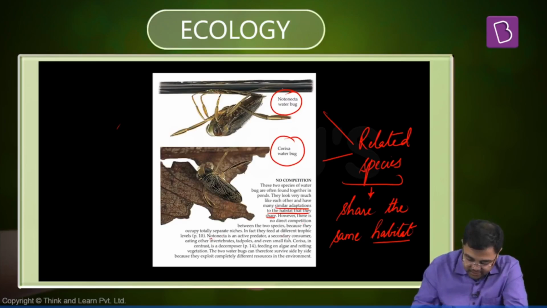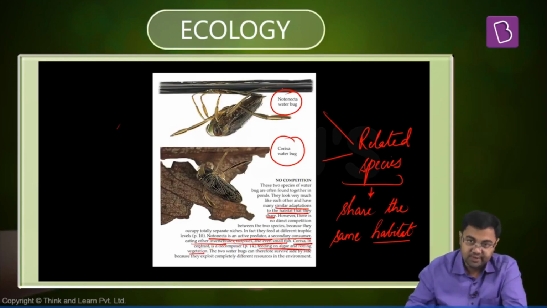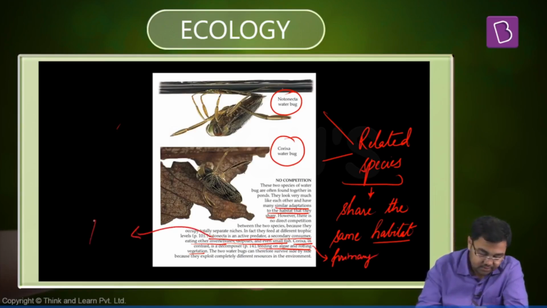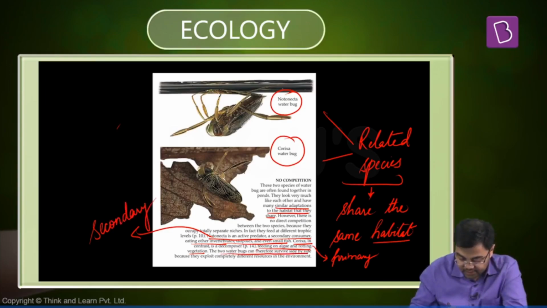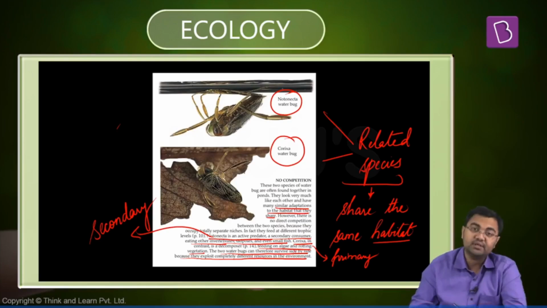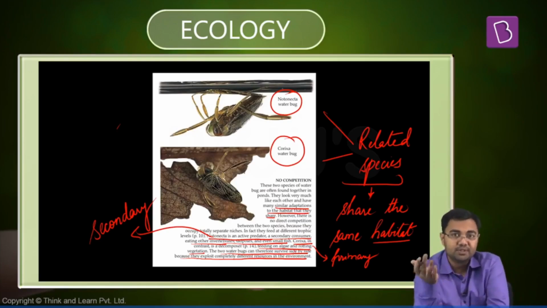For example, Notonecta is an active predator, a secondary consumer eating other invertebrates, tadpoles and even small fish. Corixa, in contrast, feeds on algae and rotting vegetation. So completely different. In a way you can say that this is a primary consumer and this is a secondary consumer. So the two water bugs can therefore survive side by side because they exploit completely different resources in the environment. So this is a possibility.